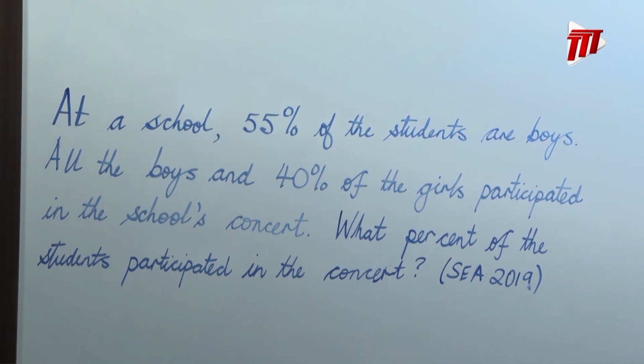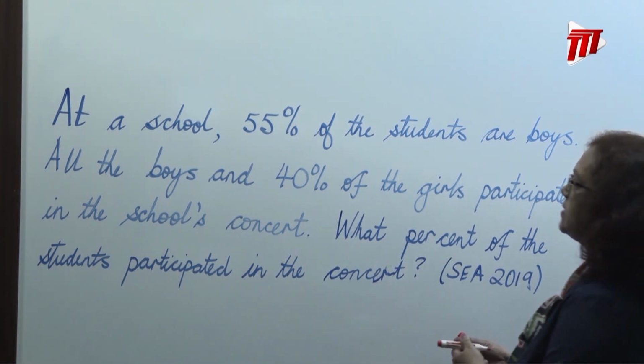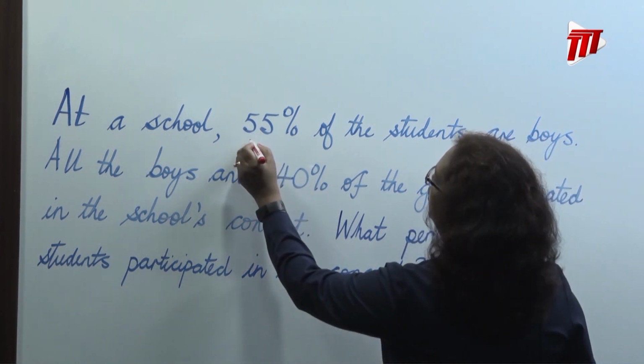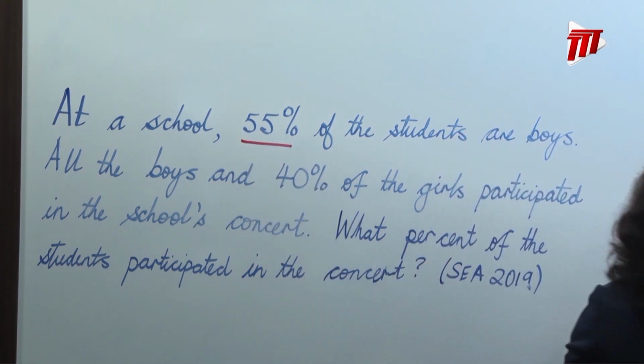So again, we are going to examine our problem, see what information is given, and see what we are being asked to find. So if we look at the first sentence, we were told that at the school, 55% of the students are boys. So I'm going to write that.